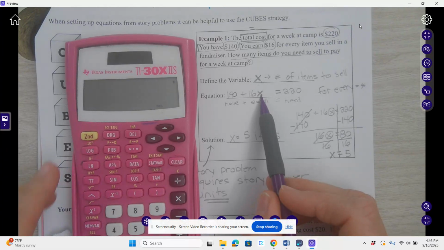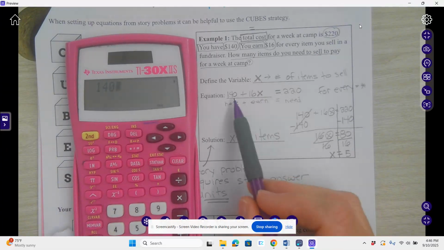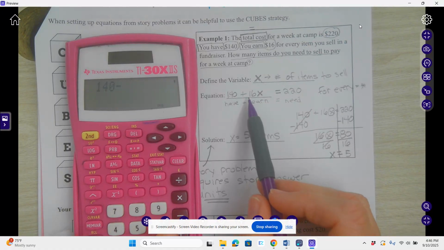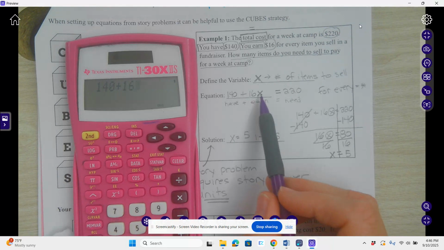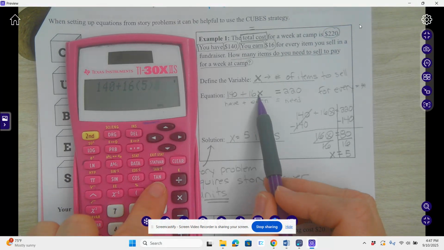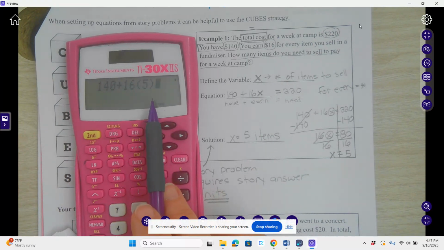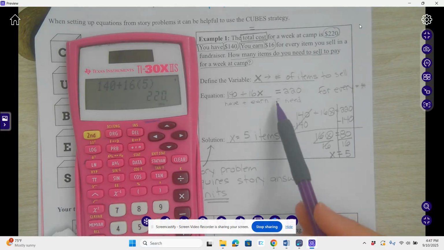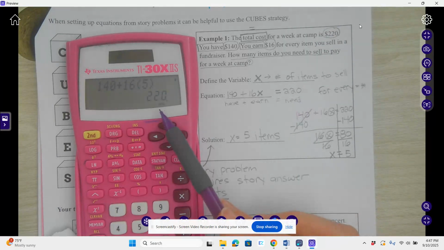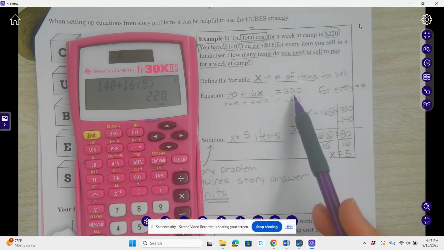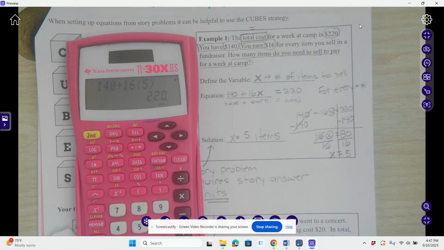So I'm going to put into my calculator 140 plus 16, and instead of the x, I'm going to put parenthesis 5 close parenthesis, because parentheses mean multiply. If I solve this correctly, when I hit enter, I should get 220, and I do. So that is how I checked my answer, and I know I solved it exactly right, because x equals 5.